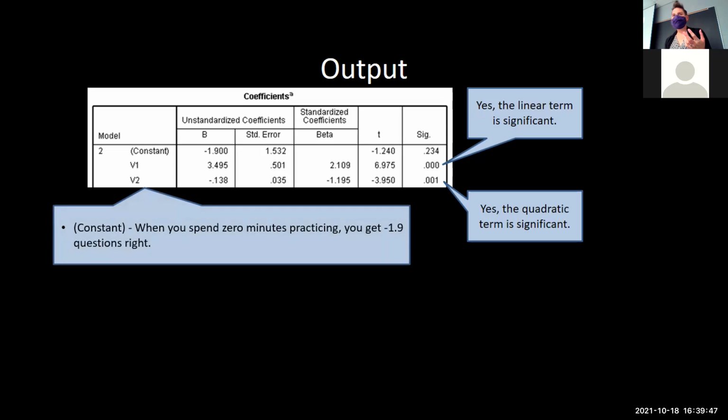That doesn't make a lot of sense, but remember what we talked about with our linear equations, and our nonlinear equations have the same problem, which is they go on to infinity. We didn't have anyone who spent 0 minutes practicing in this data, so that's not a great representation of reality.